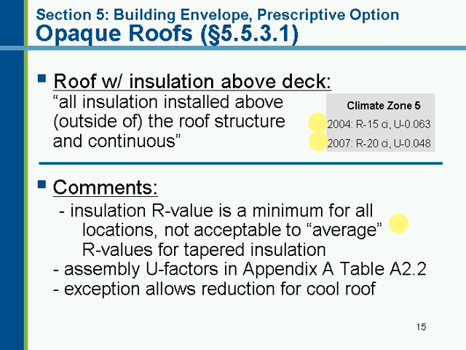In terms of U-factors, if you wanted to do something different, you can take a look at the assembly U-factor tables, Appendix A, Table A2.2. And in terms of the insulation R values for roofs with insulation above deck, you'll notice that as you look across the climate zones, that they don't differ too much between the hottest climates and the coldest climates.